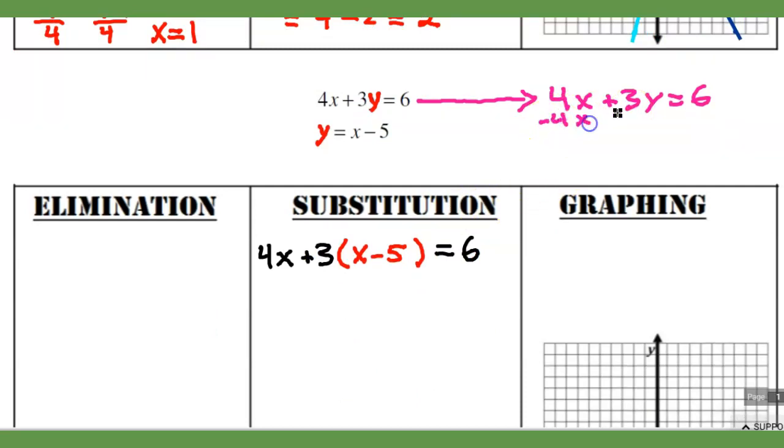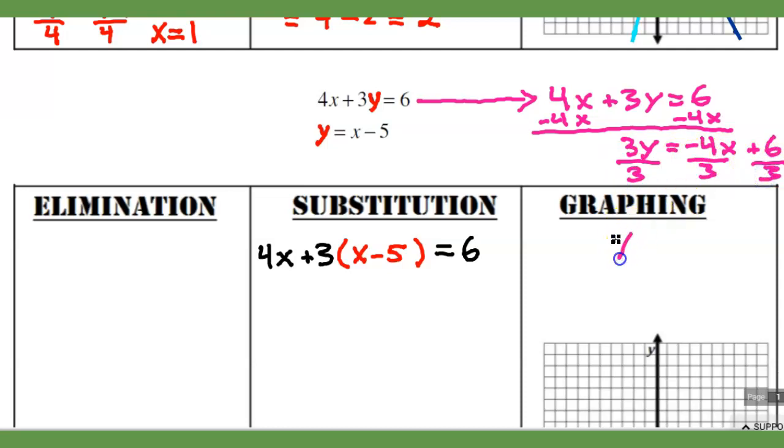So the algebra is the same, the steps are the same, just the numbers are different. As long as you're showing it and writing it all out, you probably get this right. Divide by 3 this time. We have y equals negative 4/3 x plus 2.